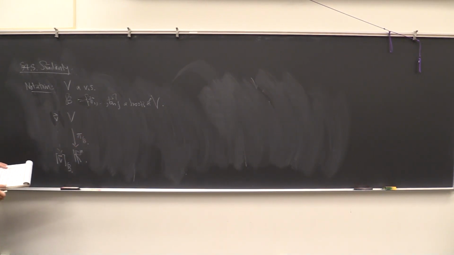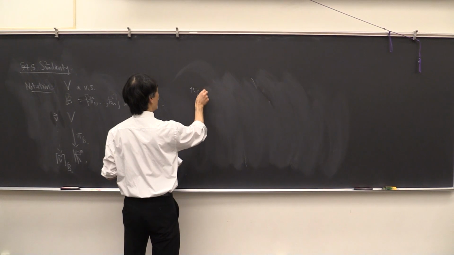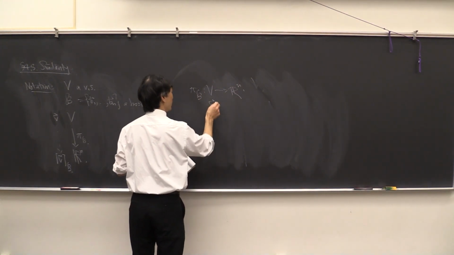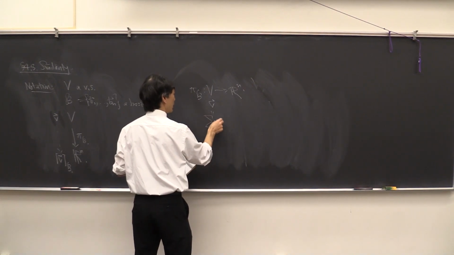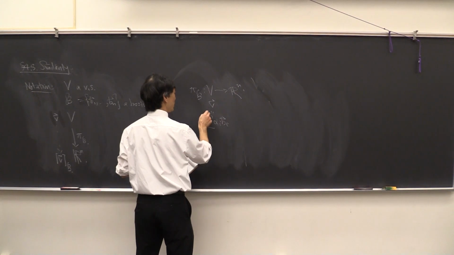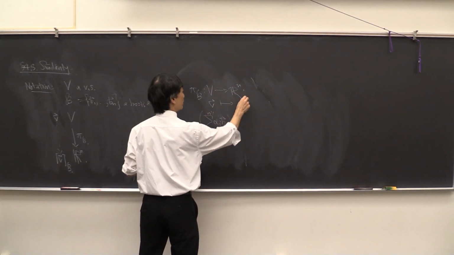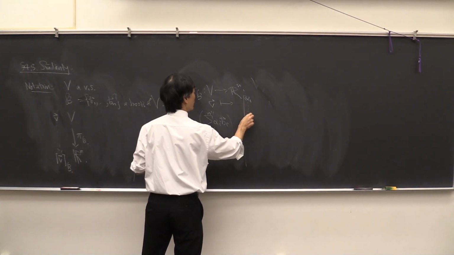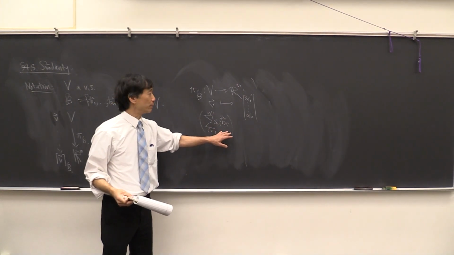So pi sub B is the map from V to Rn that takes a vector which has some expression as a linear combination of the b_i's, and then maps it to the Euclidean vector of those coefficients used in the linear combination.